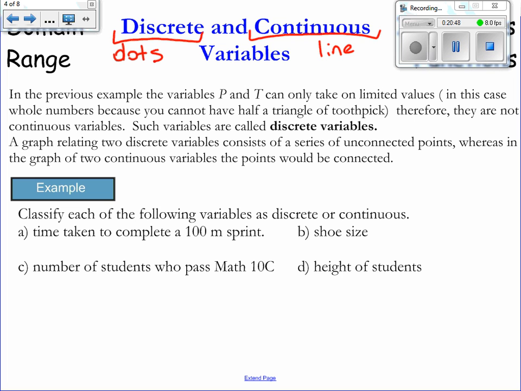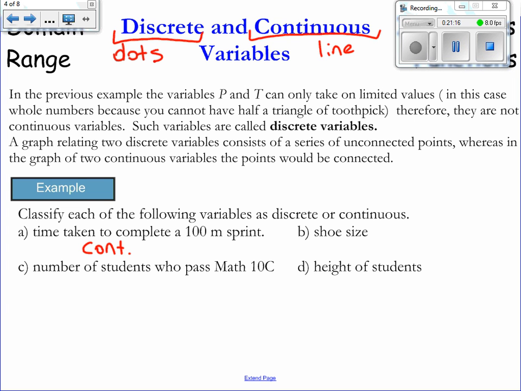For B, they talk about your shoe size. And your shoe size, it would make sense to only go up one level at a time. It's like tiered off levels. I'm never going to have my shoe size be 10.123. My shoe size is going to be either 10, maybe 10 and a half, maybe 11, but it's never going to be anything in between those things. And when that happens, we call it discrete.